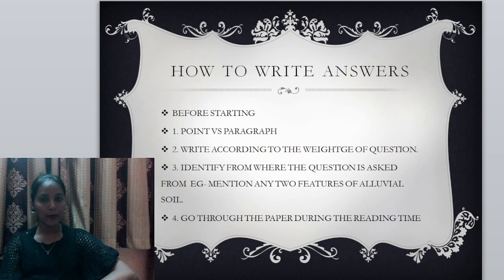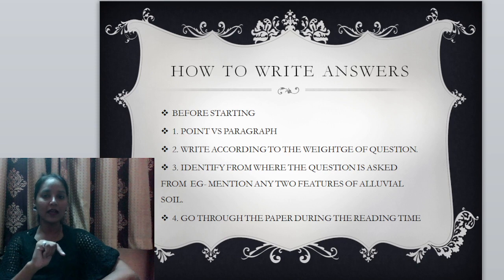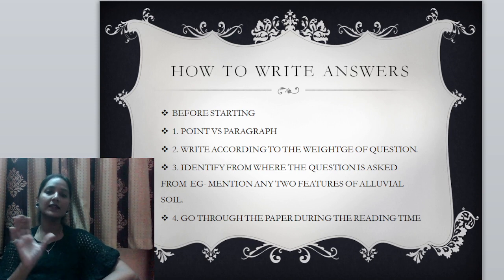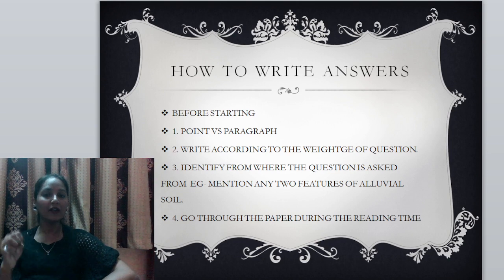You have to recall from which lesson this question is asked. Okay, lesson number 1, soil. Then different types of soil, the alluvial soil is one of them. So in the introduction you can write that point, and you can make 1 point on your own. So it is very important to identify from which lesson the question is asked, so you can make 1 point on your own.